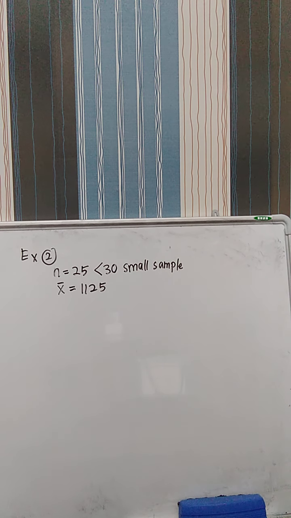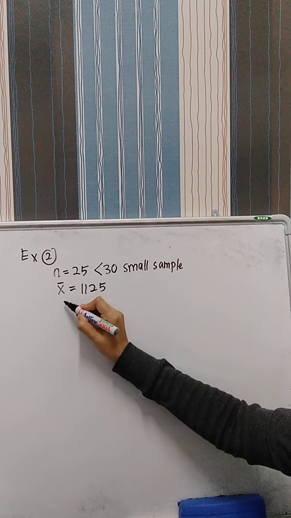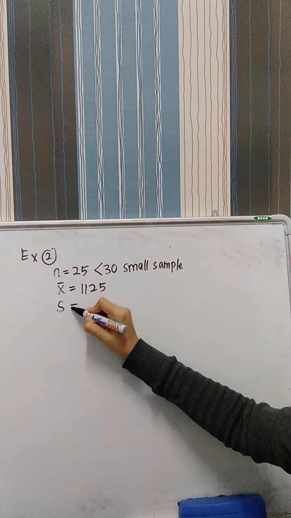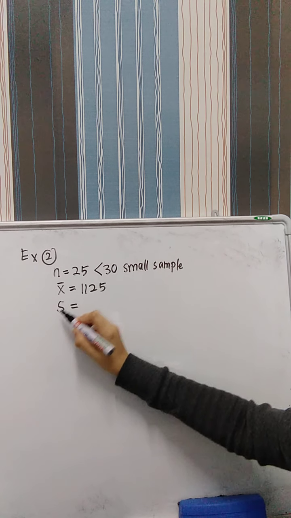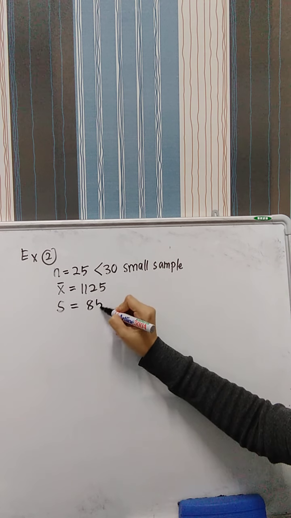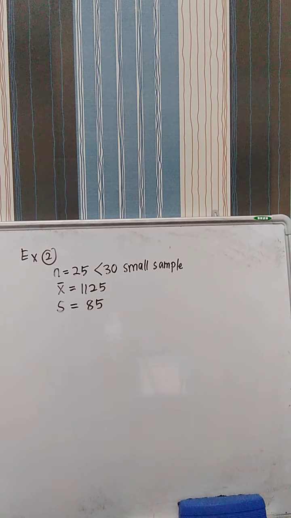With standard deviation of 85 words. Okay, so this is standard deviation from sample, so this is S, so the S given is 85. Assume that the typing speed for all students who complete this course has approximate normal distribution.